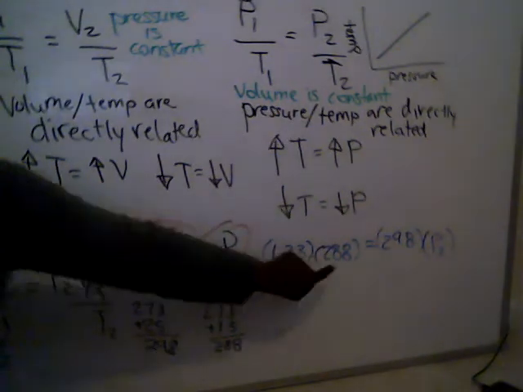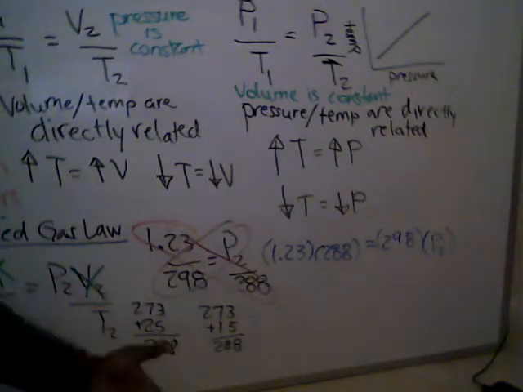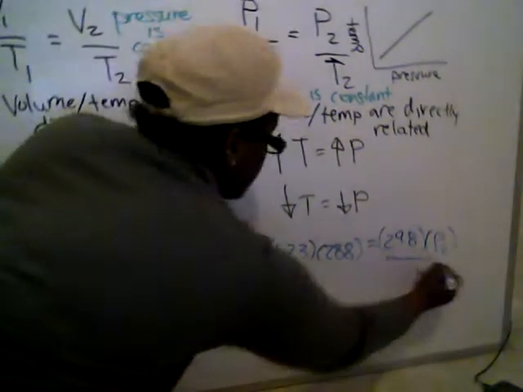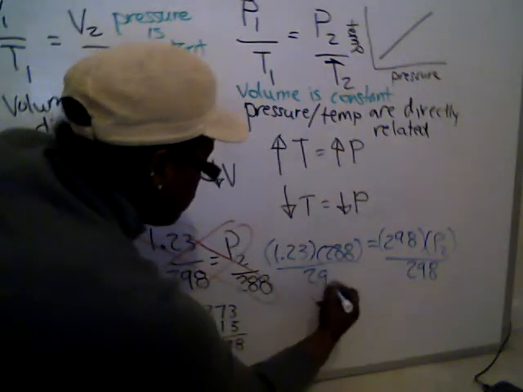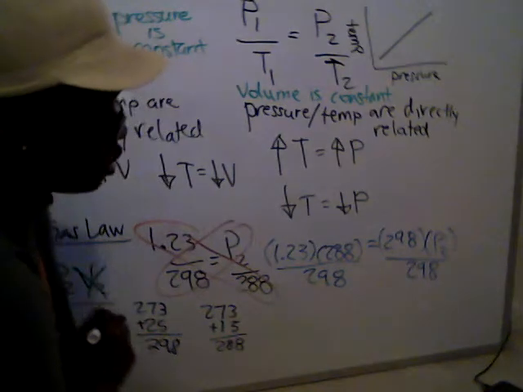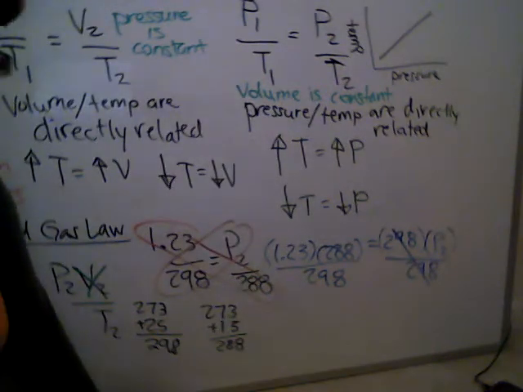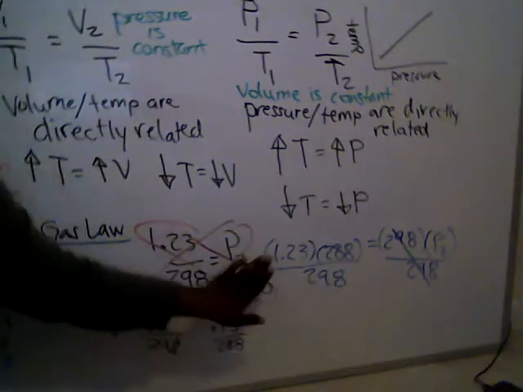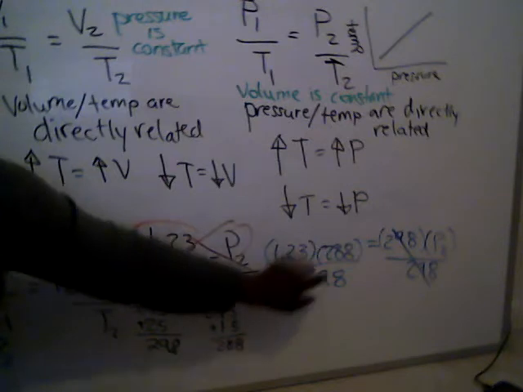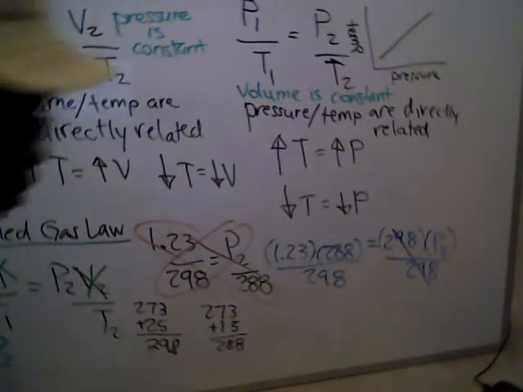So 1.23 times 288 equals 298 times P2. Well, we want to solve for P2, so all we need to do is go ahead and divide by 298. Then these guys will cross out. All we're left with is that the final pressure, or the P2, is equal to these two multiplied together divided by 298. Okay, so let's do one more.